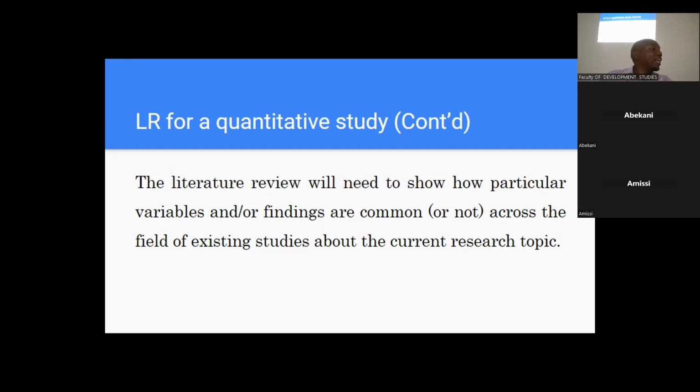Very easy. And if your findings are in the same range of statistics, like 70, 60, and the others are also 70, 60, then you say others also found the same thing. That means, right. Okay?